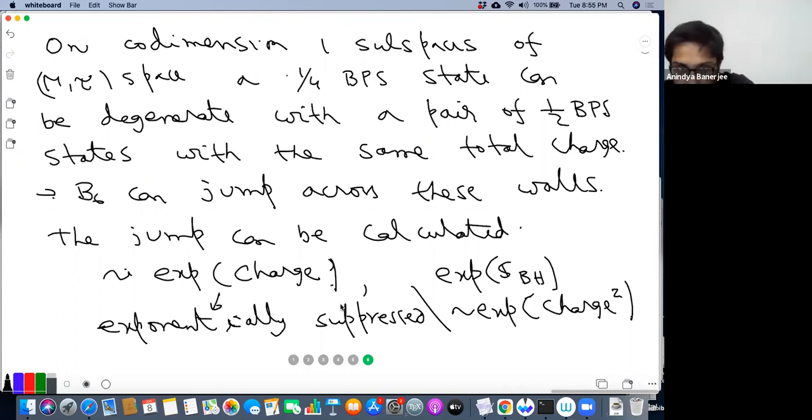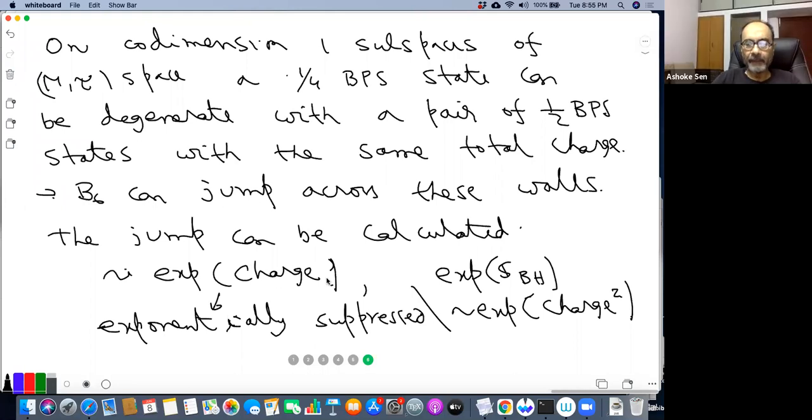Could I ask, how can we understand what happens to the spectrum as you go across this wall? Before you've been saying that the spins in the spectrum and such shouldn't jump discontinuously. So how do we get around that here? Yeah. So what happens here is that some of the quarter BPS states can actually be described as a bound state of two half BPS states. But this is a bound state with finite binding energy, so this is really one object.